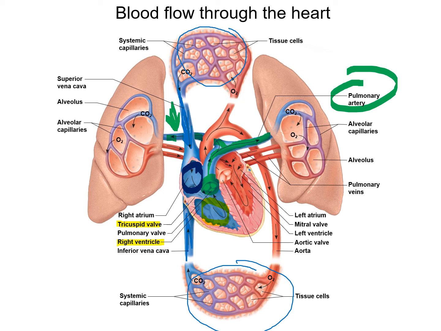And there, of course, the oxygen-poor blood is going to give up a lot of its carbon dioxide. It's going to take on oxygen. And now we're going to bring that oxygen-rich blood back to the heart. And that's going to be via 4 pulmonary veins. You've got 2 here on the left side, and here's the other 2 on the right side.